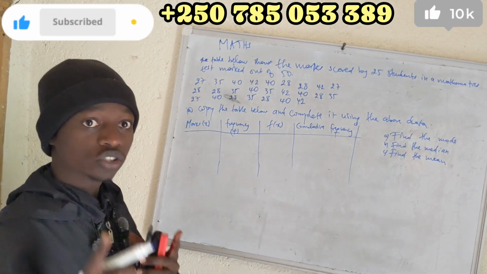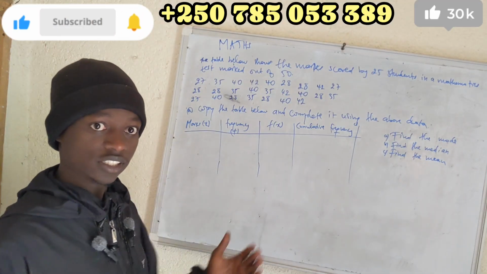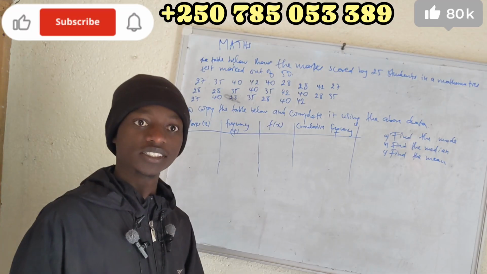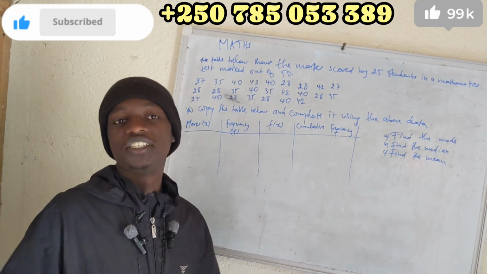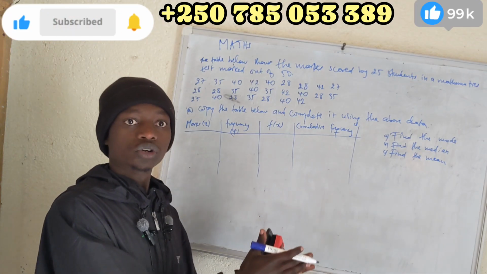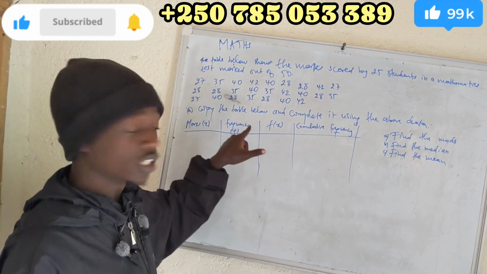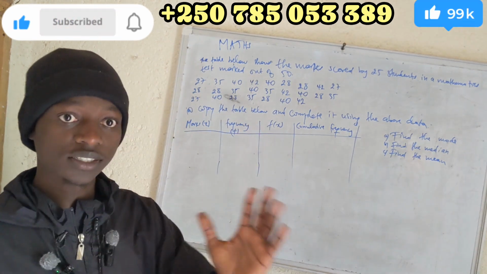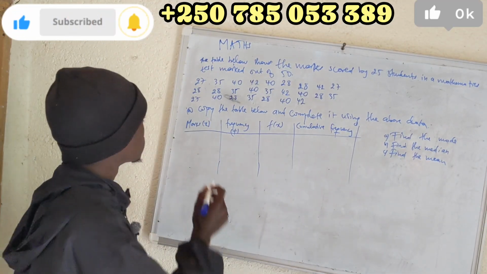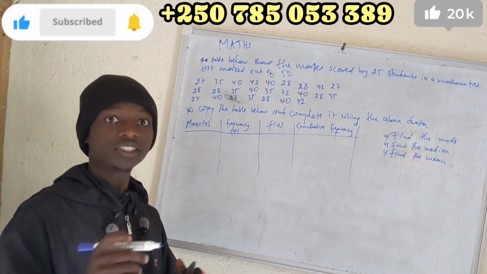First of all, this is ungrouped statistics. It is totally different from grouped statistics, where you are given a range of scores, for example, students who scored between 20 and 30. Here, we are going to count the number of students who scored the same score.